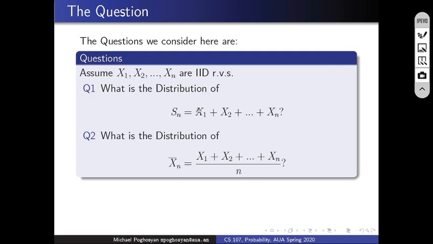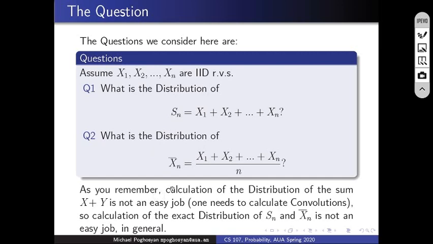So we can talk about the sum in one context, and the average in another context, and we can talk about the sum or average of IID random variables by using limit theorems. Let's see what we can say about the distribution of Sn and Xn bar. But first, what do we know about this and that, besides the limit theorems?